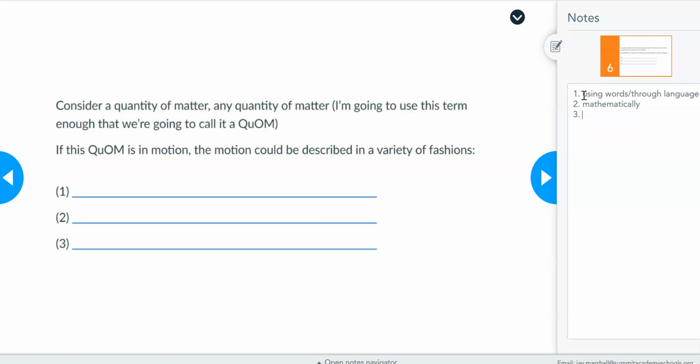And then the third way that we're going to describe motion is graphically. I'm going to explain what we mean by all three of these things now. Okay, so those are the three things that go in the blanks here on your worksheet.